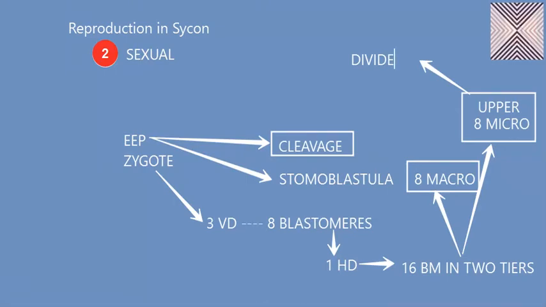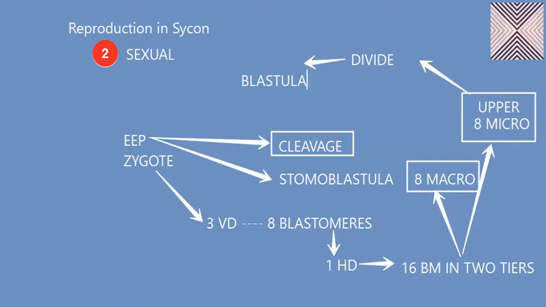Due to the division of the 8 micromeres, we have got a number of micromeres, and this makes a particular structure. After division, we have got a structure which is called the blastula. This is a round, ball-like structure with a cavity inside it, and the cavity opens on the lower side.